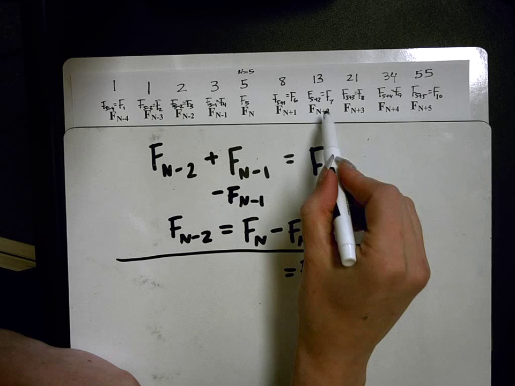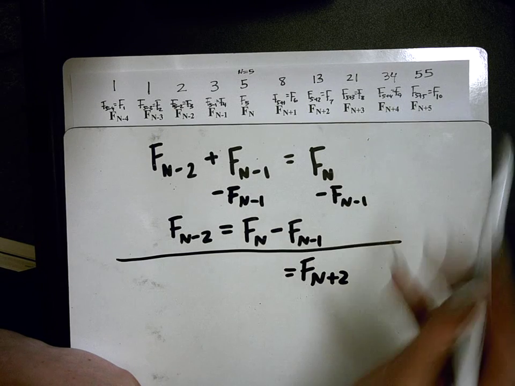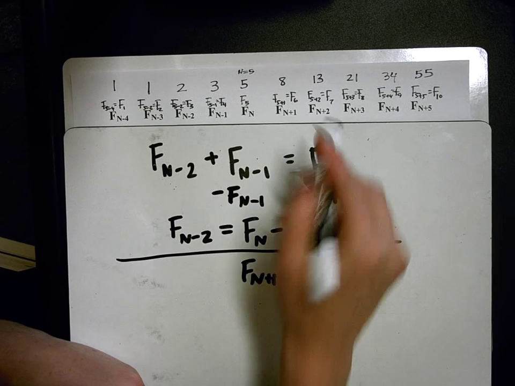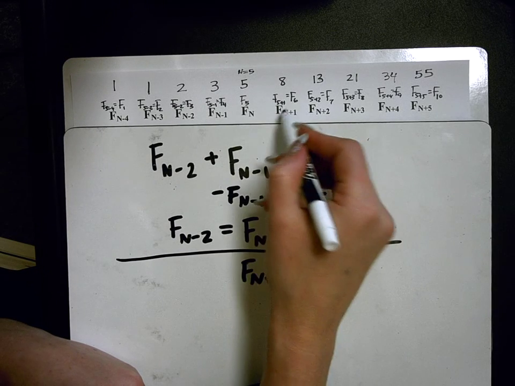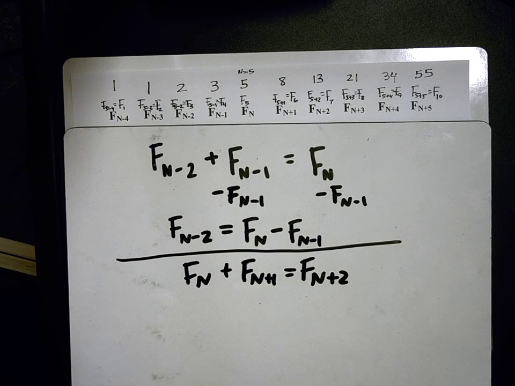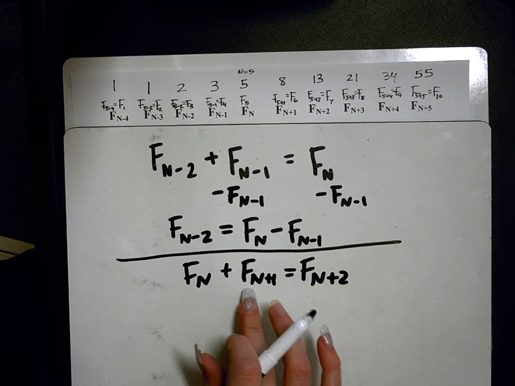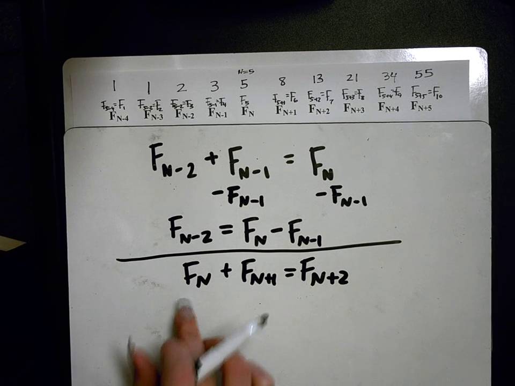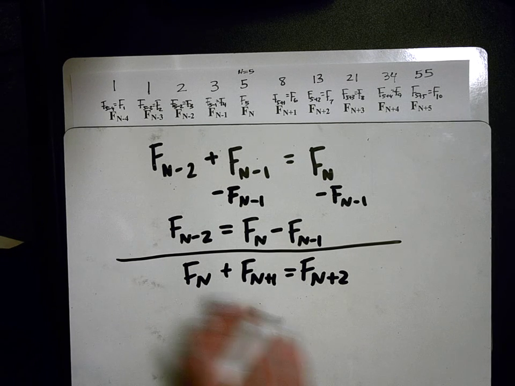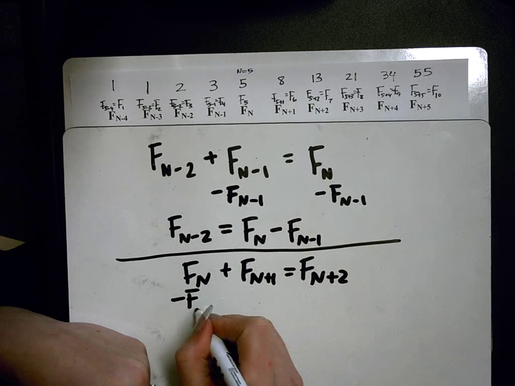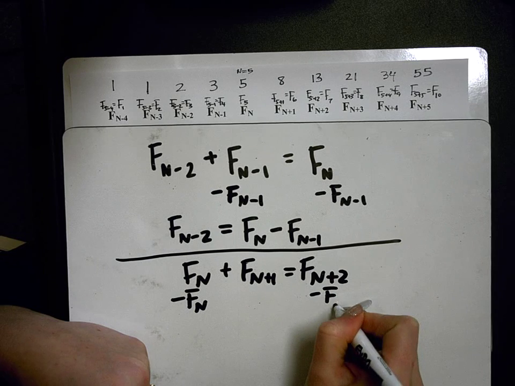It's the term before it, which is f sub n plus 1, added to the one that's two terms before it, which would be the nth term. Let's say we solve this equation for f sub n plus 1. To solve it, we have to get it by itself. We have to get rid of this nth term. The nth term is related to this through addition, so we do the inverse operation, subtraction. We subtract the nth term from both sides.